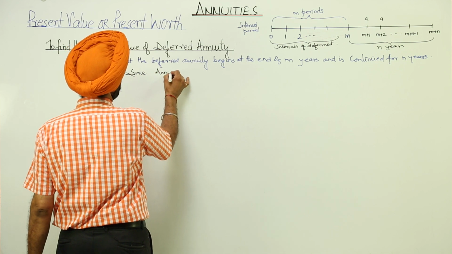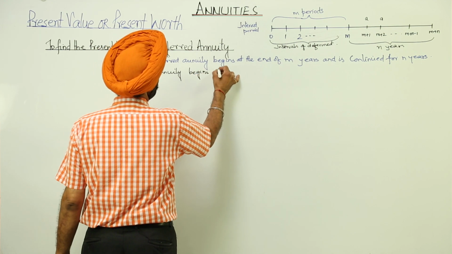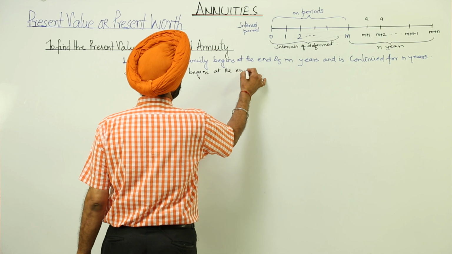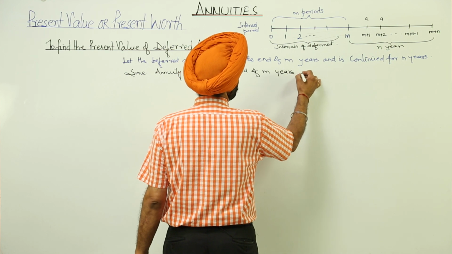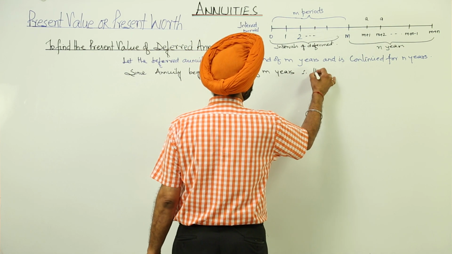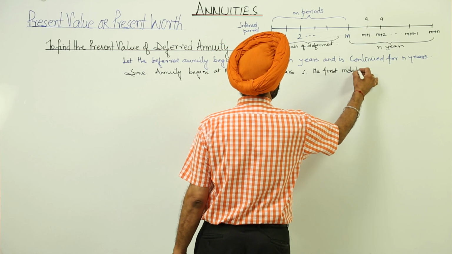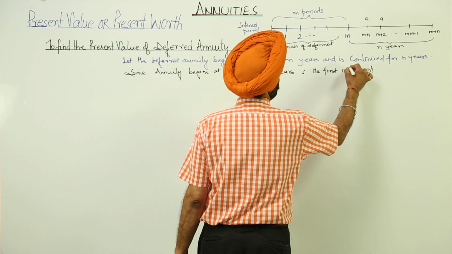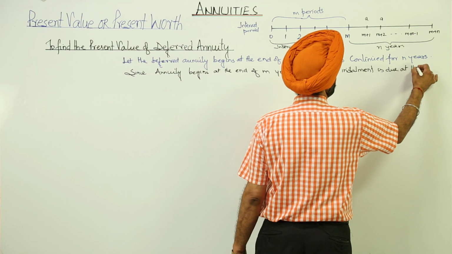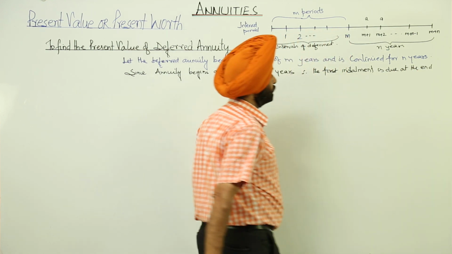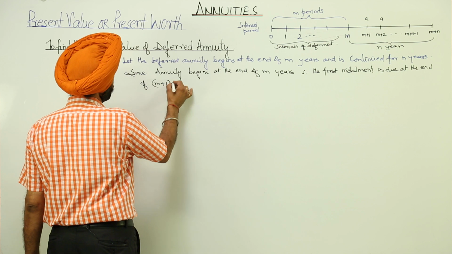Since the annuity begins at the end of m years, therefore the first installment is due at the end of m plus 1 years.